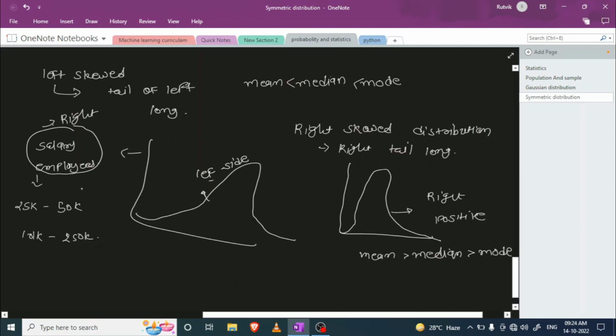So this is the example of right skewed distribution or a positive distribution.